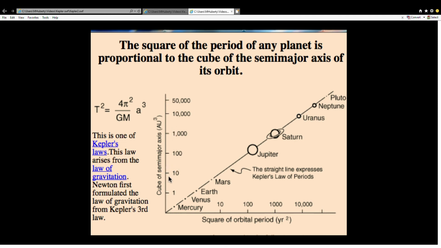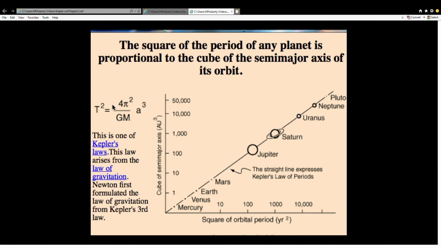By plotting those two values, you end up getting a straight line, which means you get the proportionality between the period squared, T squared, and a cubed, the length of the semi-major axis cubed. And then the slope of this line is that proportionality constant.